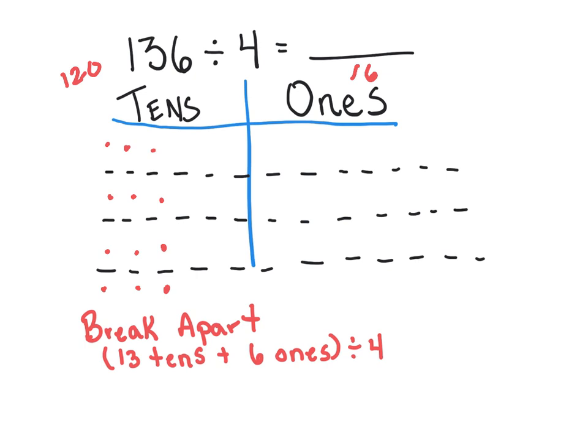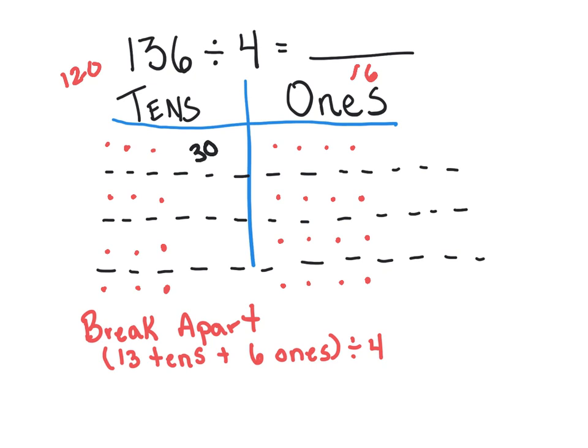And now we need to take the 16 ones, and we need to break it up into 4 equal groups. So we have 1, 2, 3, 4, 5, 6, 7, 8, 9, 10, 11, 12, 13, 14, 15, 16. Great. So now how many tens do we have? We have 3 tens, which is really a 30.